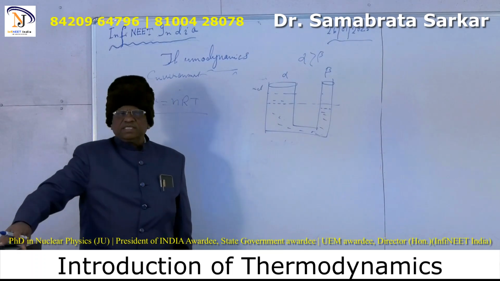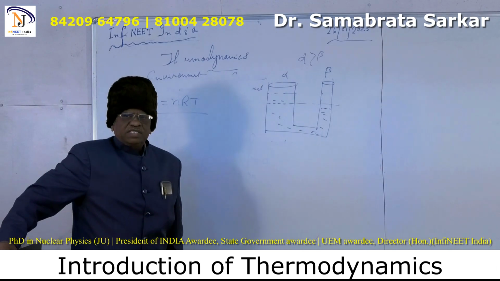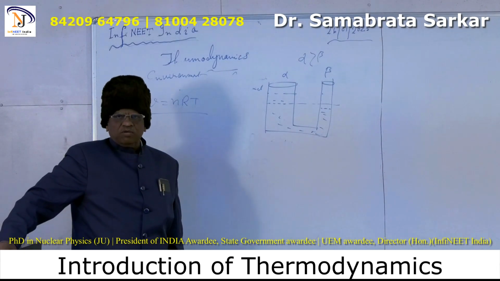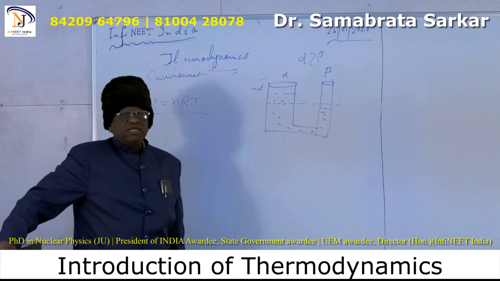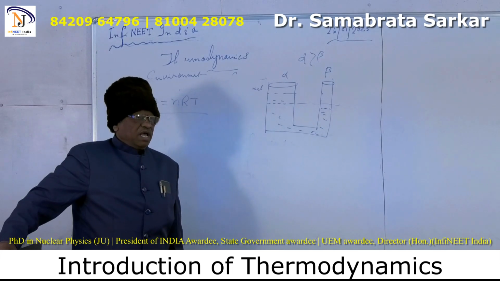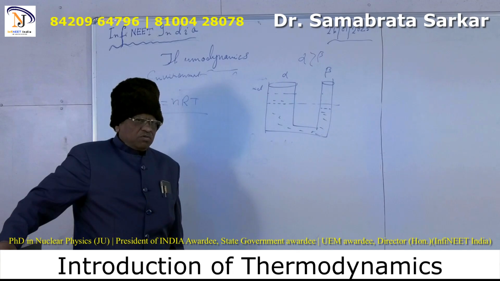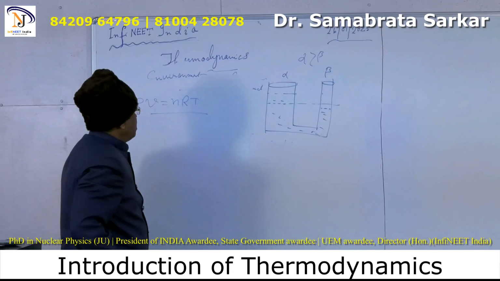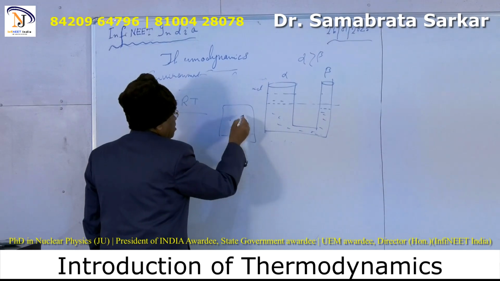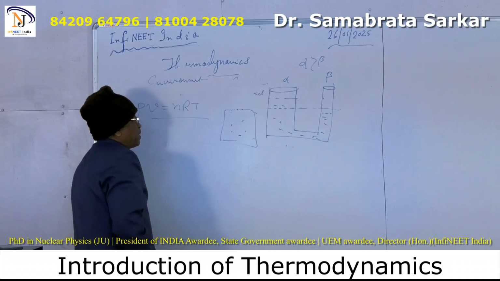So you should know what an ideal gas is. Ideal gas is that gas where the attraction among molecules is ignored. There is no attraction between the molecules, or between the molecules and the wall of the container.